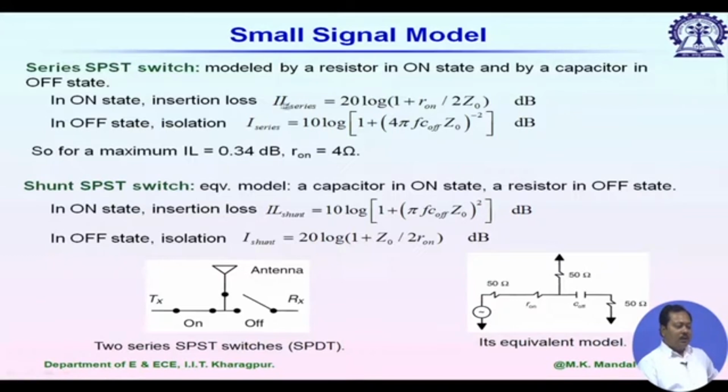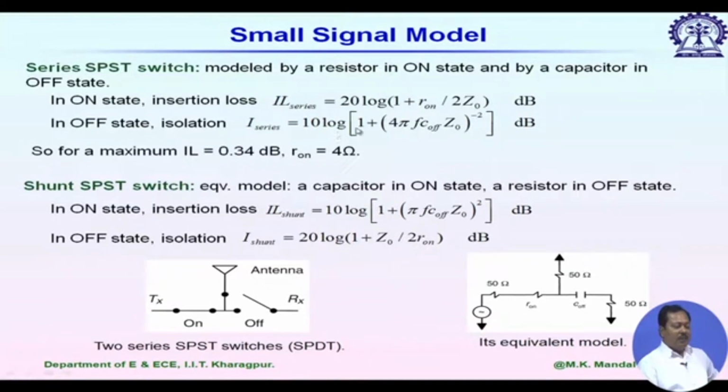If you calculate S21, that is equal to, in dB, 20 log 10 of 1 plus R on divided by twice Z naught. And in off state, that means when the switch is replaced by a small value of capacitor, if I calculate S21, so isolation I series, that is 10 log of 1 plus (4 pi f C off Z naught) to the power minus 2, in dB.